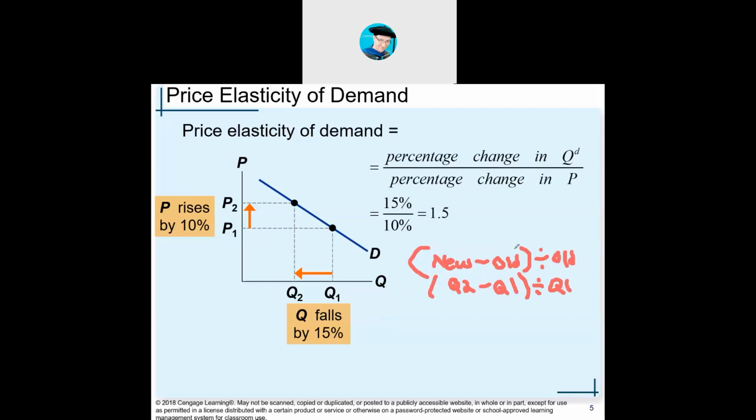You do parentheses first. So quantity 2 minus quantity 1 divided by quantity 1. You do the minus first and then the division, because remember, anything in parentheses you do first.